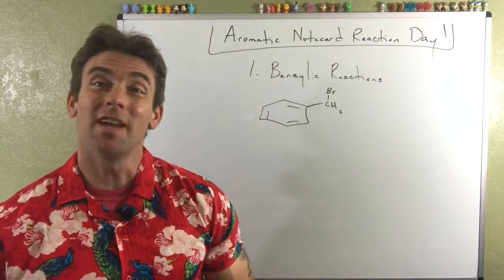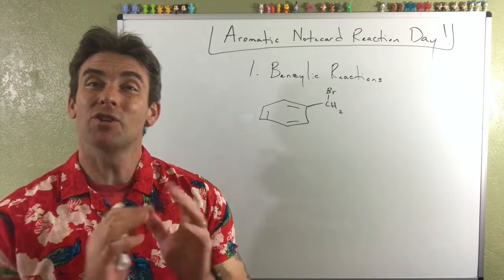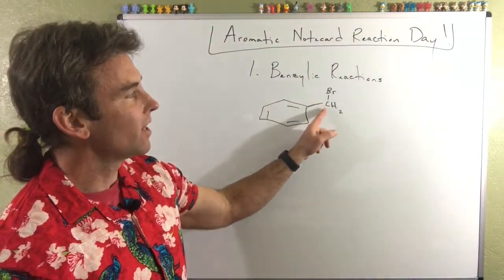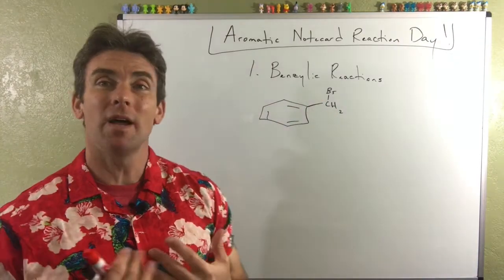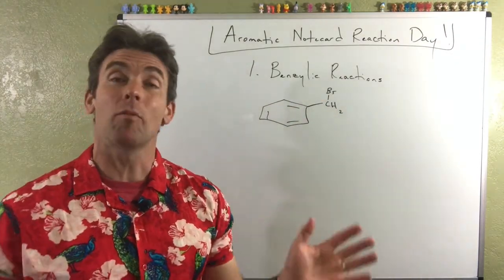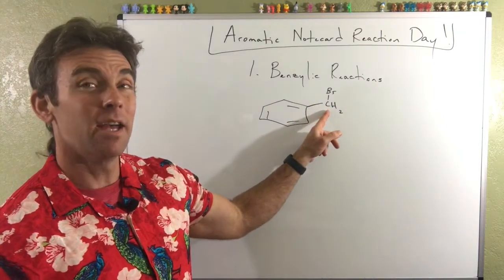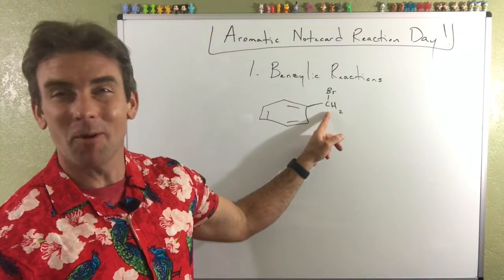One issue we should definitely briefly talk about is that this benzylic halide, even though we would look at that and say, oh, it's a primary, it turns out that that primary position right there is not really a primary position.